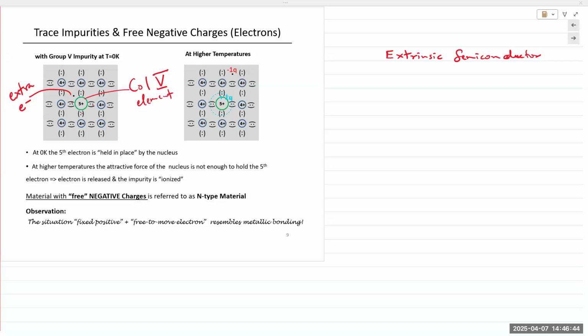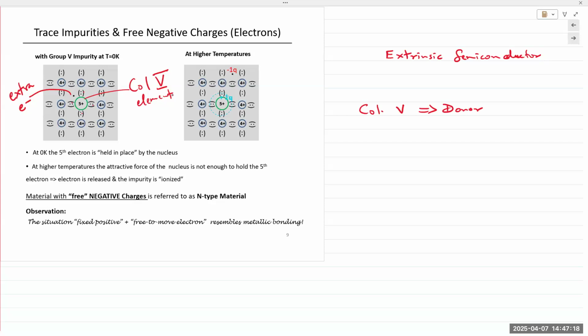So there are 2 terms that we use to describe this. The first one is that this atom is donating an electron, hence it is known as a donor atom. This column 5 element is known as a donor atom because it is donating an electron and is becoming ionized. So it's known as an ionized donor atom.